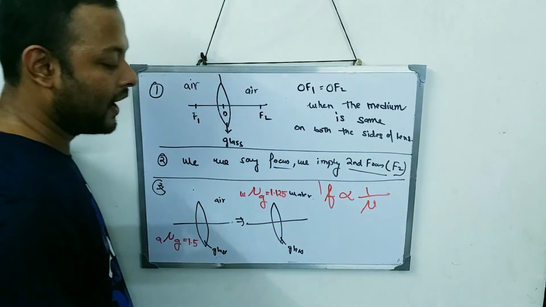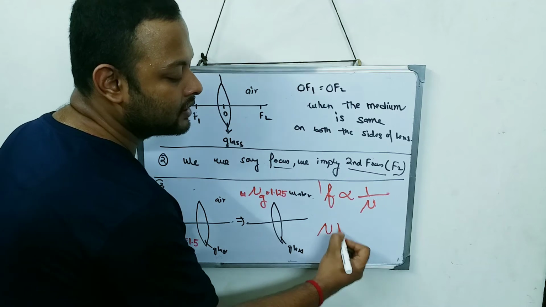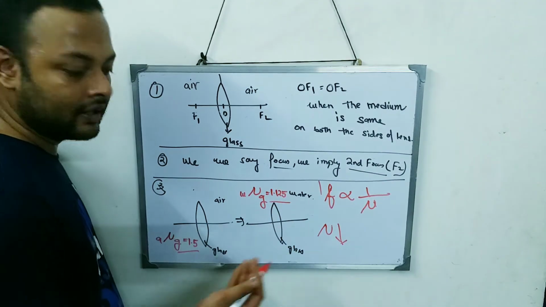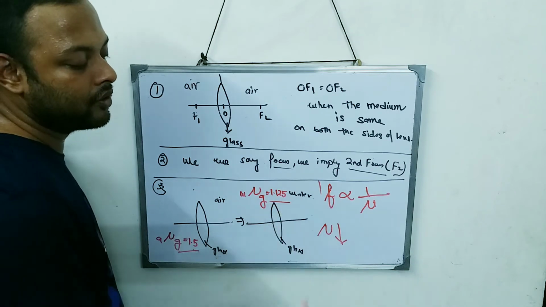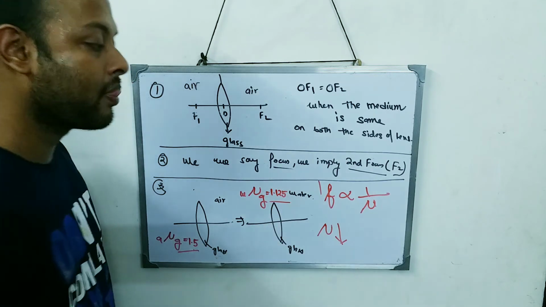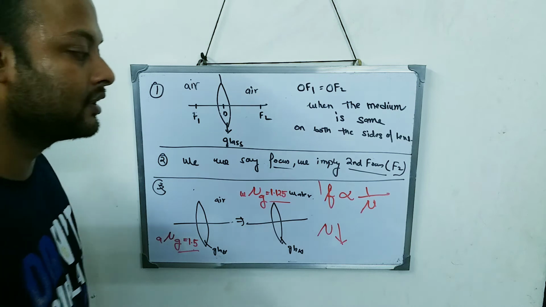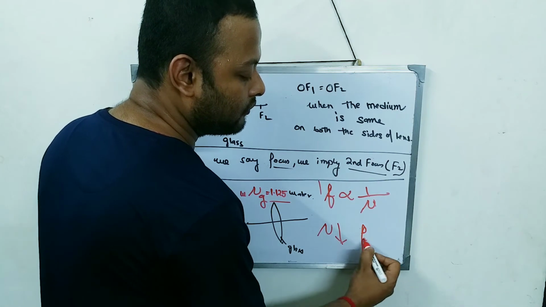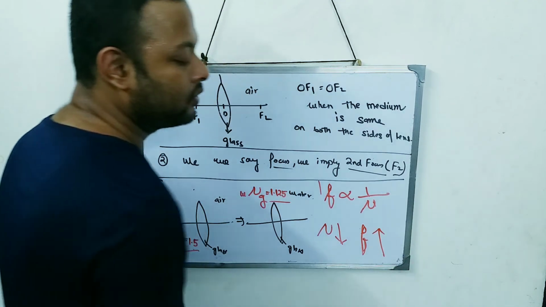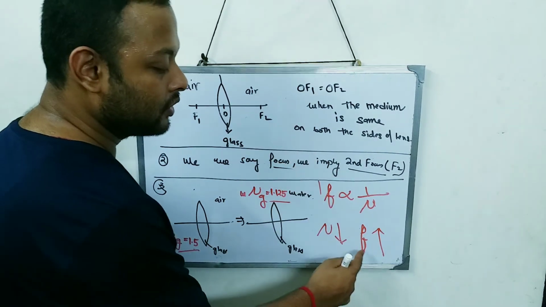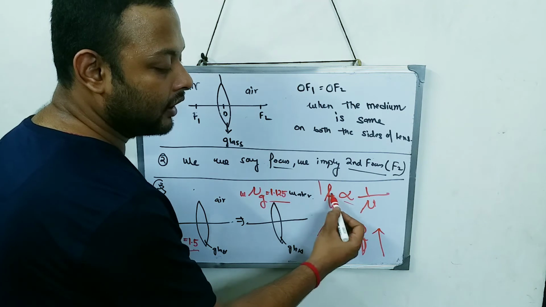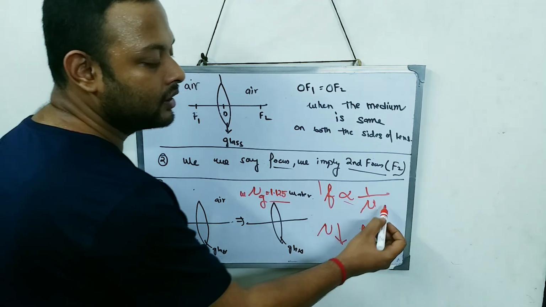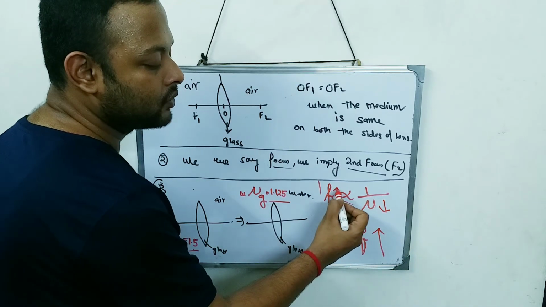As we know, the refractive index is decreasing, from 1.5 to 1.25, and as the refractive index decreases, the focal length is going to increase, because they are in inverse relation. If this side decreases, this side is going to increase.